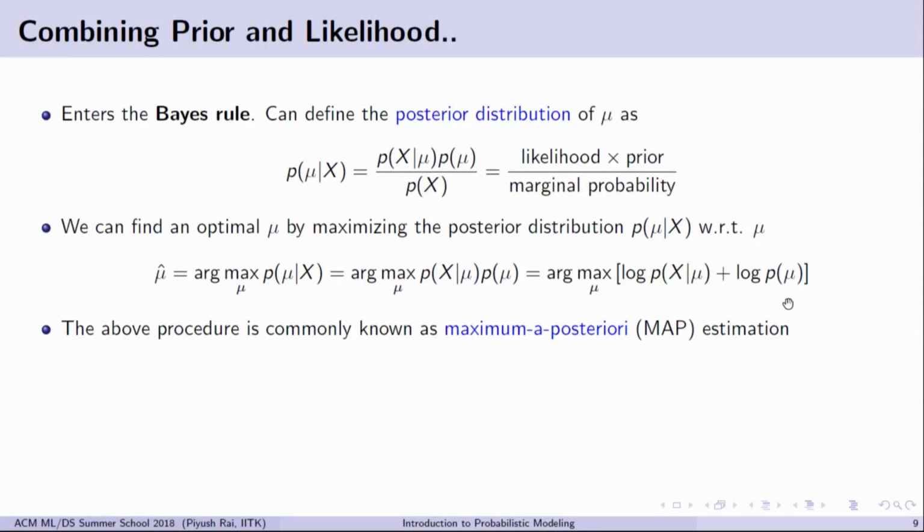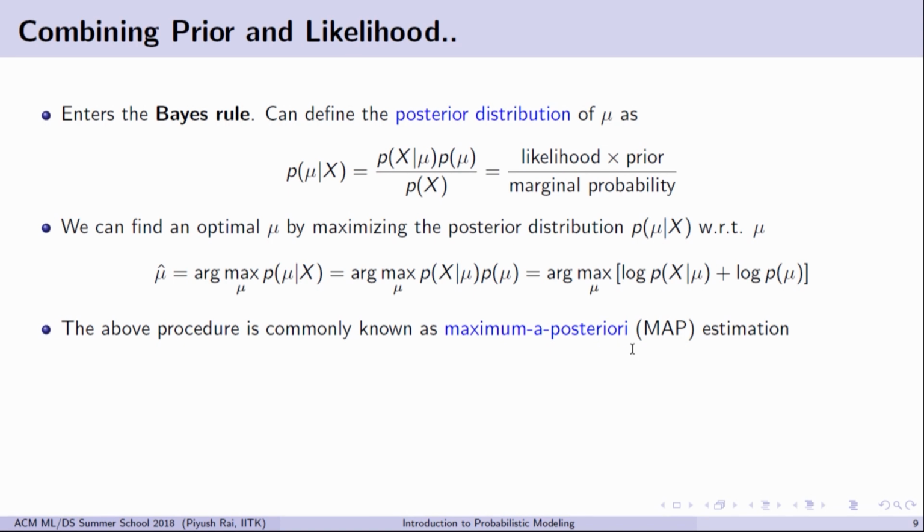Right? This approach of finding the optimal mu by maximizing the posterior distribution of mu, which is what we are doing here, is also known as maximum a posteriori estimation, because you are finding the mu that has the maximum posterior probability.